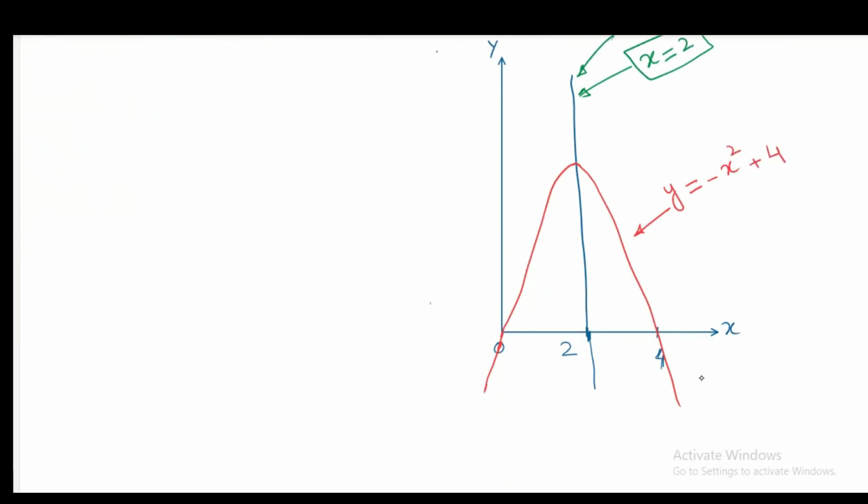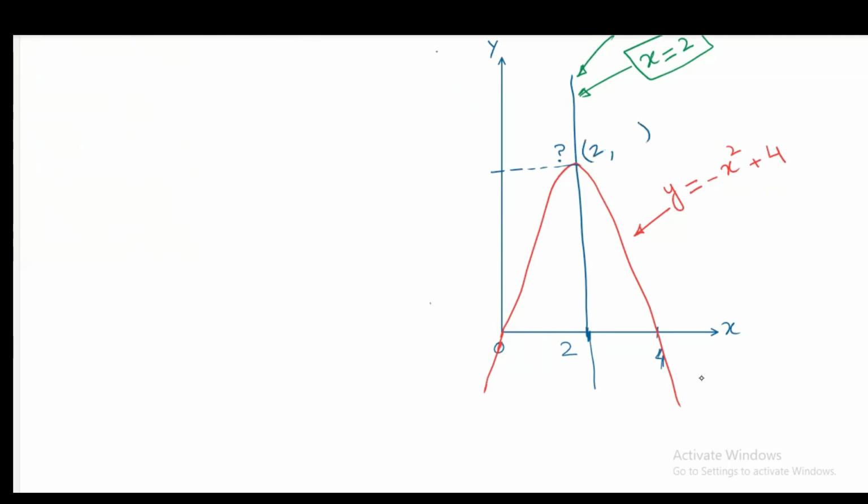But the turning point is still unknown. We have the x coordinate of the turning point, which is 2, and the y coordinate is still unknown.